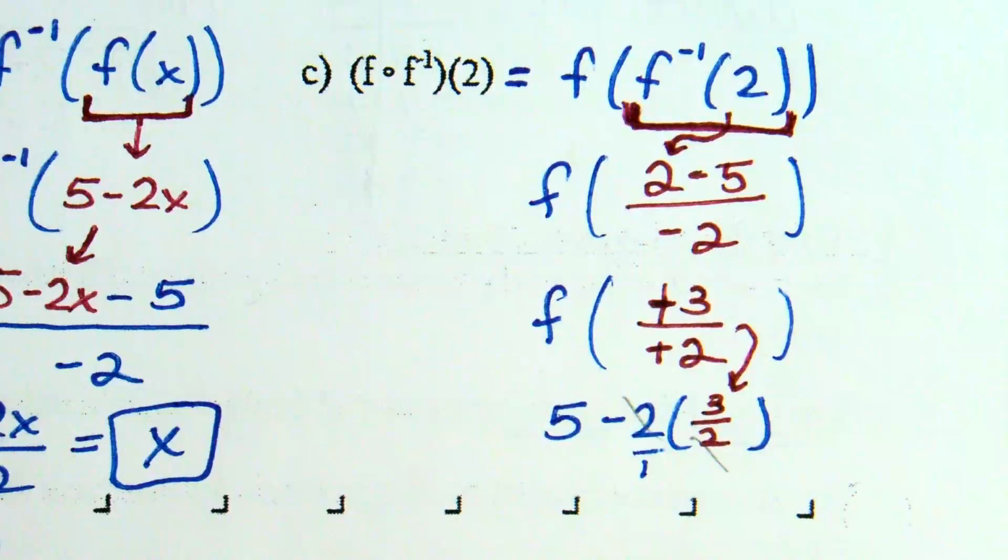So now I have 5 minus 3, which happens to be 2. Is that what I expected my answer to be? Yeah, that was the input. So when you put a function and its inverse together, it will also be your output.